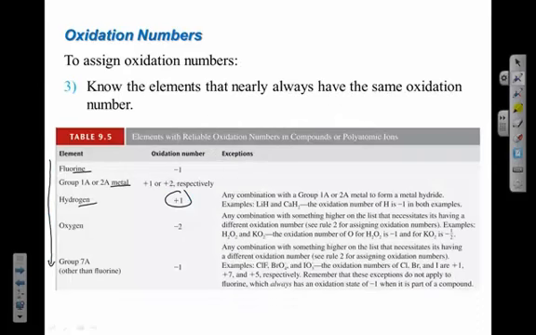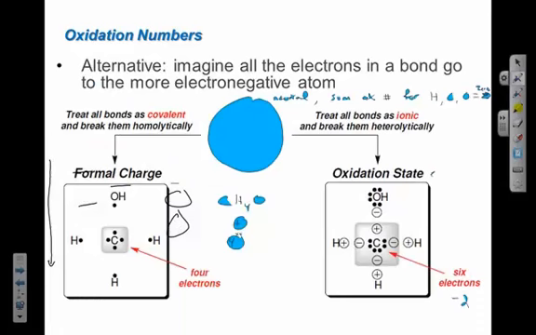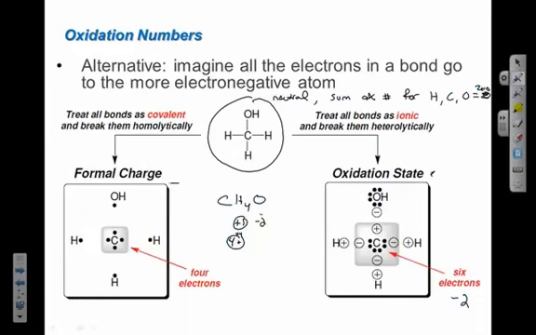Then I go back to the list of rules. The next thing is oxygen. Oxygen should have a -2. And there's only one, so that brings a -2 to the overall sum of the oxidation numbers. So if I add these together, I'm going to have a +2. I can't, though, because the sum of the oxidation numbers has to be 0 if the overall charge is 0.